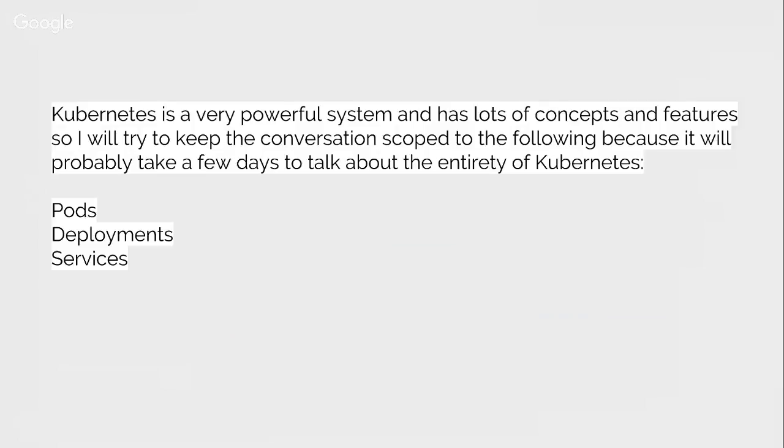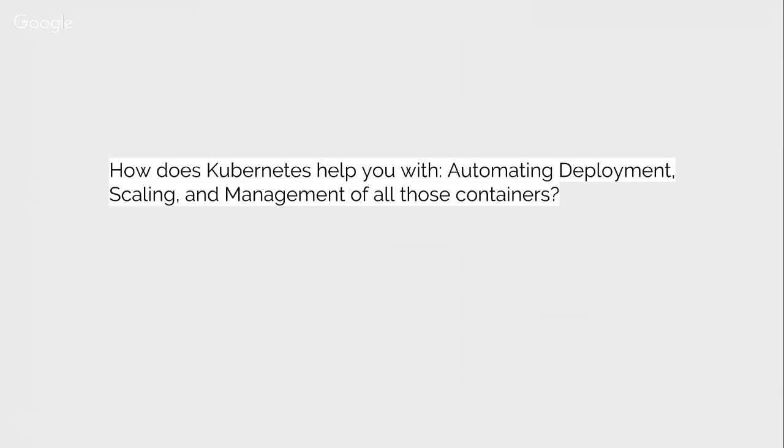So how does Kubernetes help you with automating the deployment, scaling, and management of all these containers? Kubernetes is also known as orchestration software to help you manage however many containers you end up having inside one of your clusters.